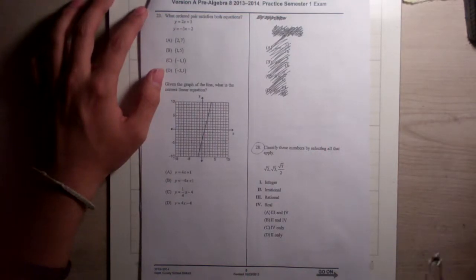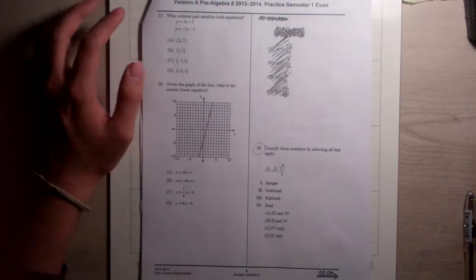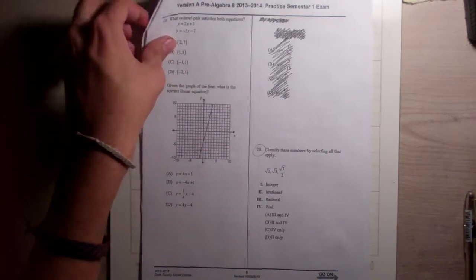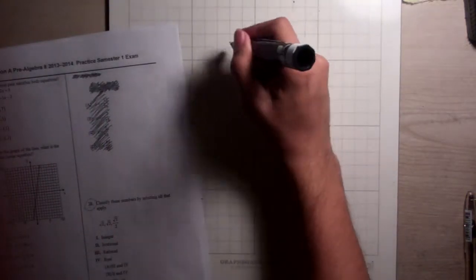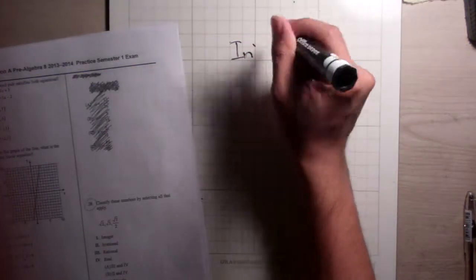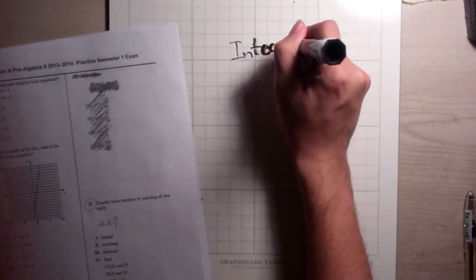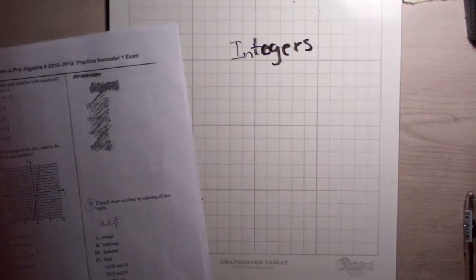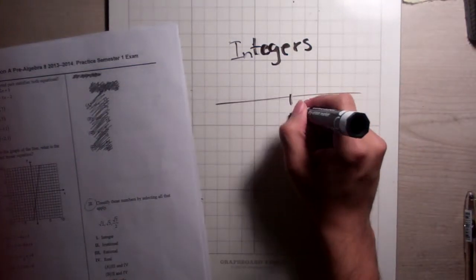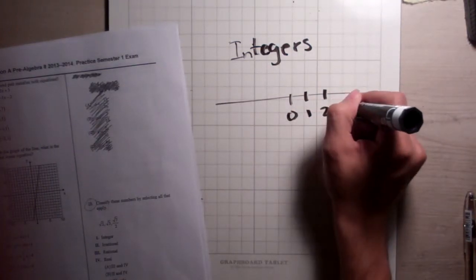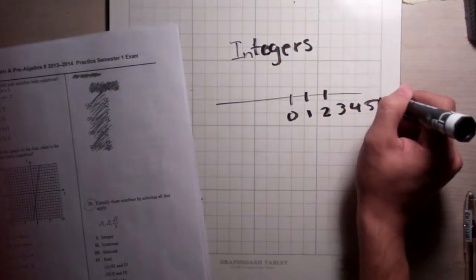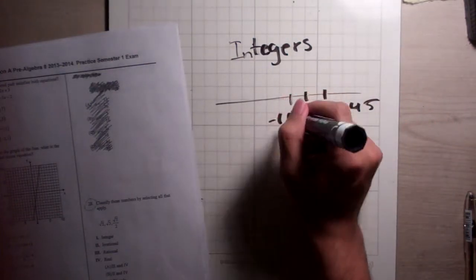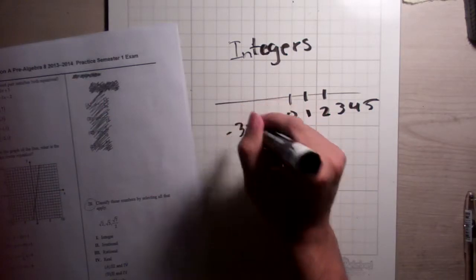Before I go over these type of problems, let's talk about the differences between these words. Integers are what you deal with primarily in mathematics. Those are numbers like 1, 2, 3, 4, 5. They're also negative numbers, like -1, -2, -3.